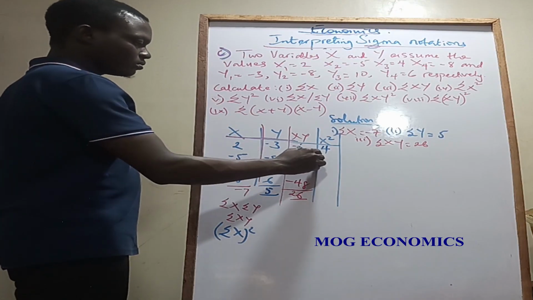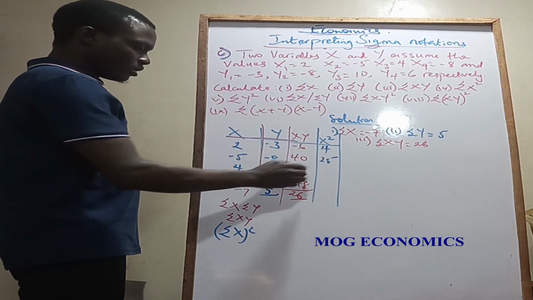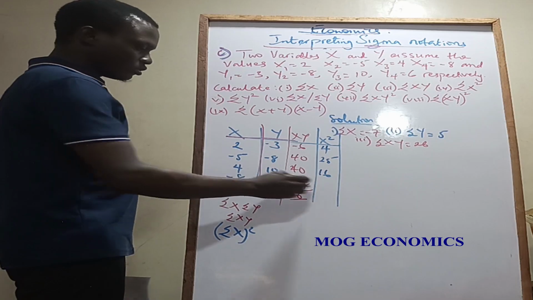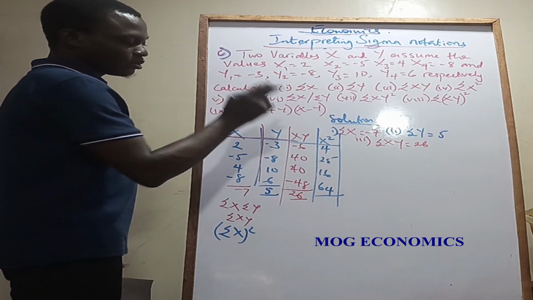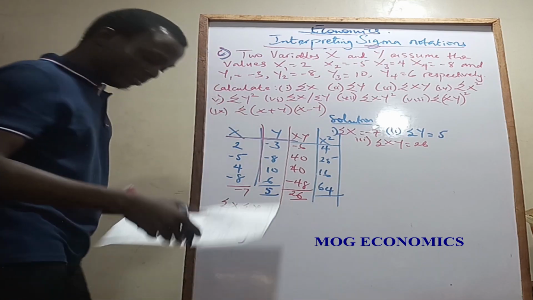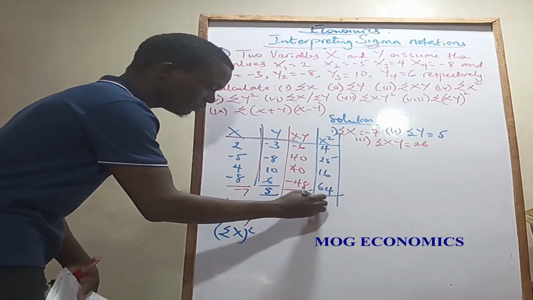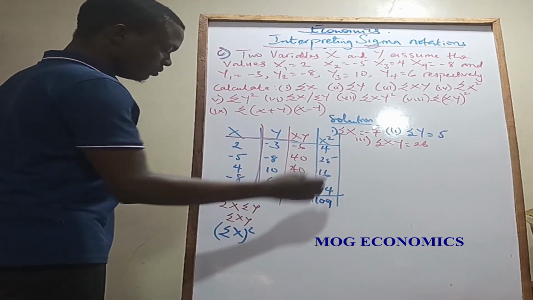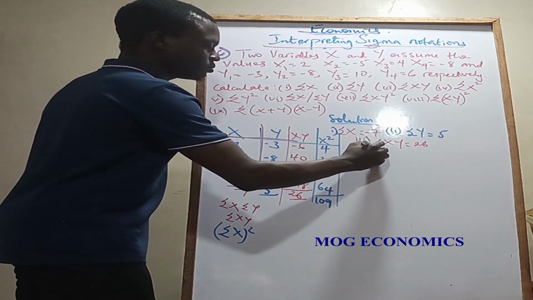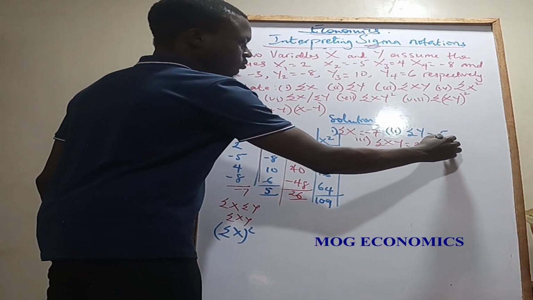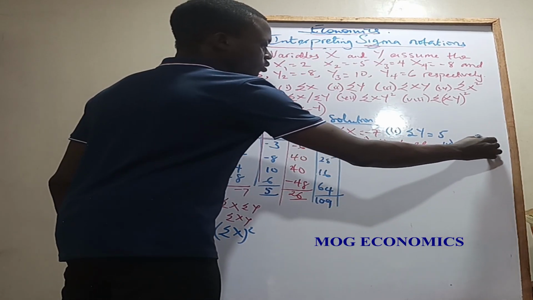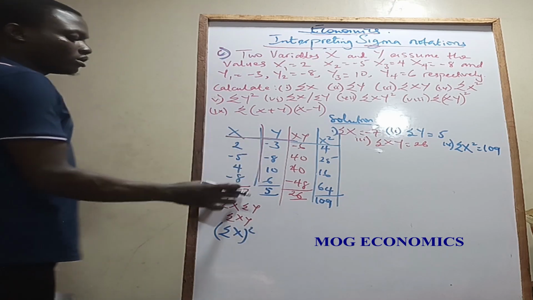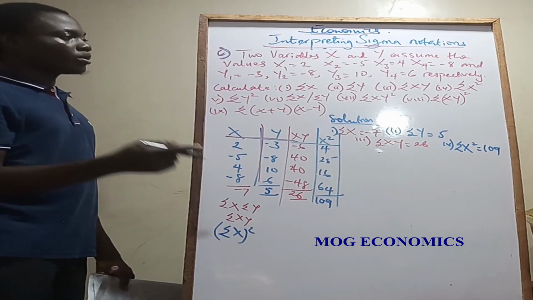Minus 5 squared, 25. 4 squared, 16. Minus 8 squared, 64. This plus this is 80. 80 plus 29, that's 109. So sum of x squared equals 109. Again, it is not minus 7 squared.